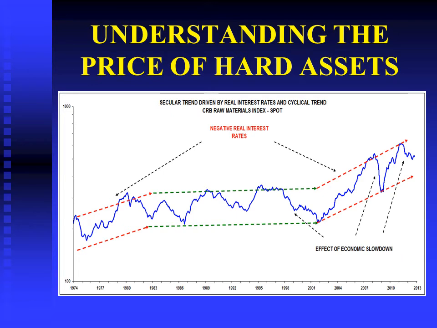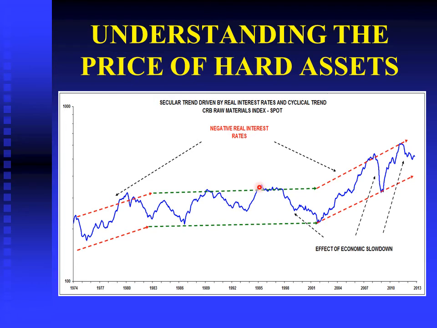Okay, but now you're saying, commodities don't go straight up. Well, no, they don't. You can see these wiggles. These wiggles are business cycle induced commodity price moves. We'll talk about the business cycle in another video. When the economy strengthens, commodities rise. The economy slows down, commodities decline.